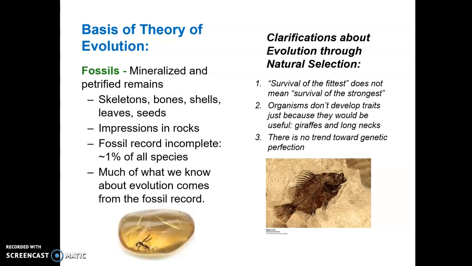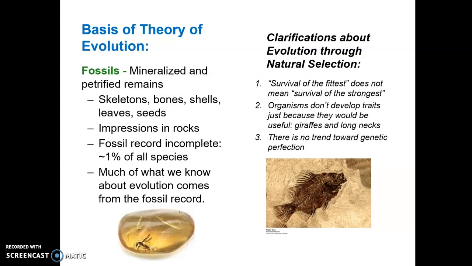So it's skeletons like dinosaur skeletons or single bones, shells, leaves, and seeds. And sometimes it's the actual mineralized remains. Sometimes it leaves an impression in rock. And I'll have several examples for you in lecture where I can show you what these impressions of fish or shells look like.